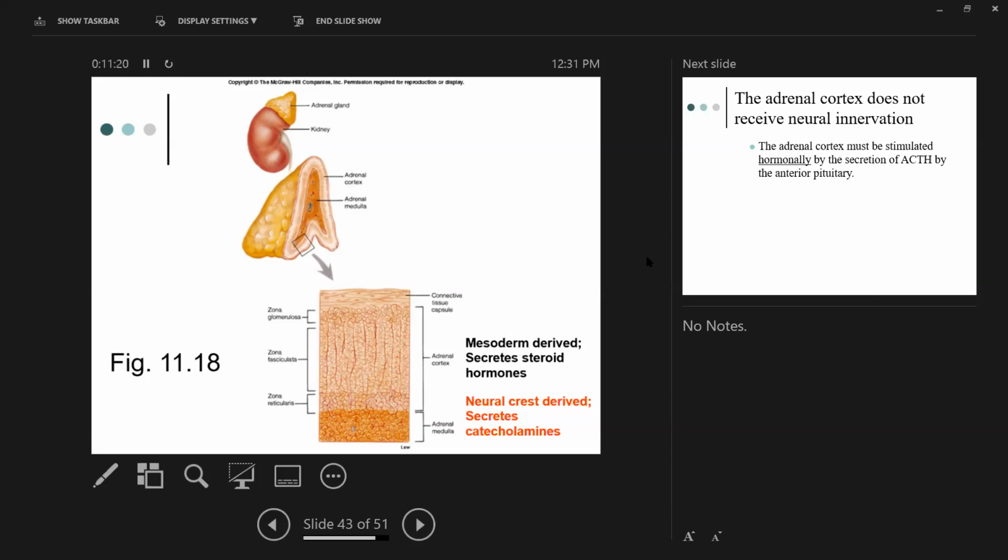That is made in the zona fasciculata, which you can see here, pretty thick. And this is a member of a group of steroid hormones made by the adrenal cortex, the glucocorticoids.